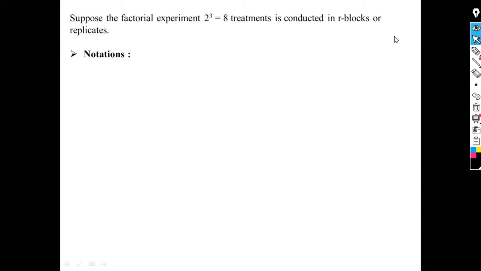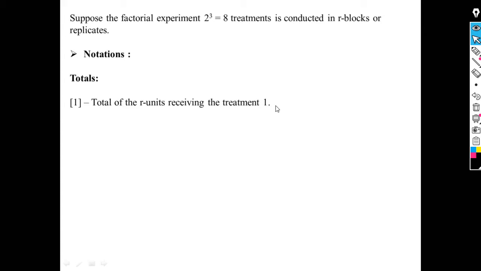this type of design. When we denote any treatment combination in square brackets, it denotes the total for that treatment combination. So first we will discuss totals of treatment combinations. The square bracket 1 denotes the total of the r units receiving the treatment 1.